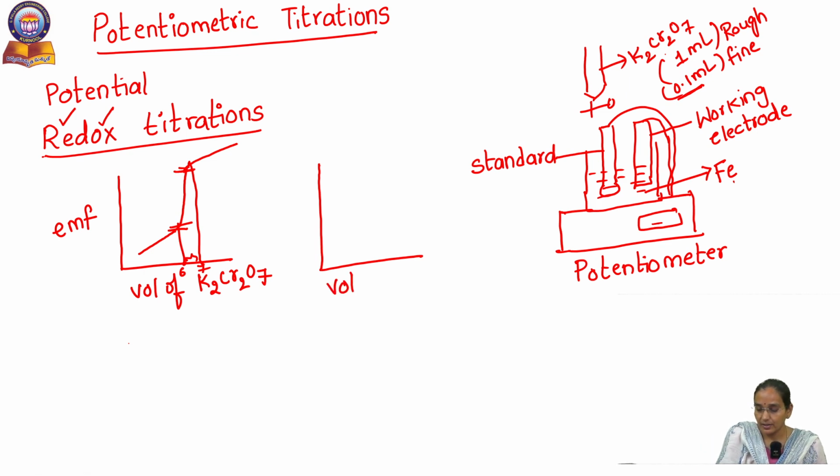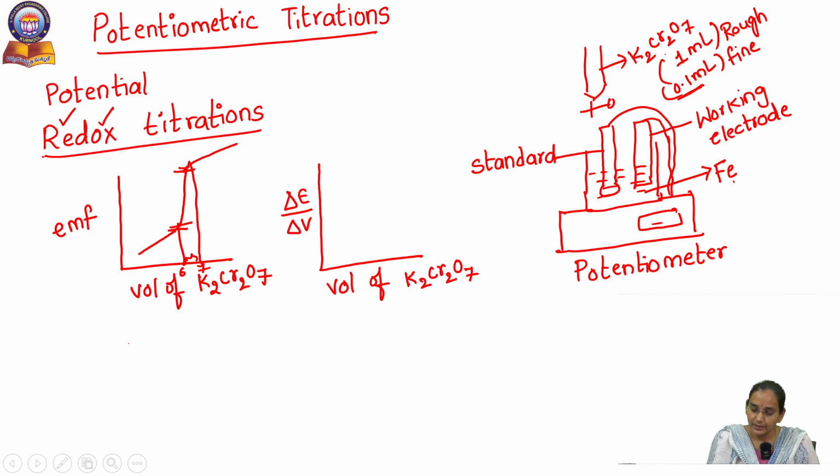After doing that fine titration, we plot a graph between volume of potassium dichromate versus change in potential to change in volume.